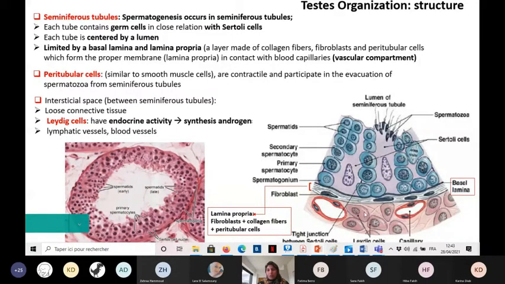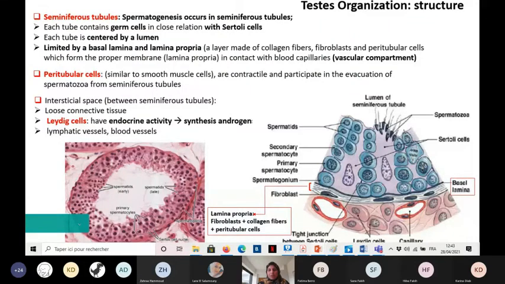The testosterone produced by the Leydig cells can pass into the circulation directly by going to the blood capillaries or vessels, and we have also lymphatic vessels reaching this interstitial space. Is it clear?